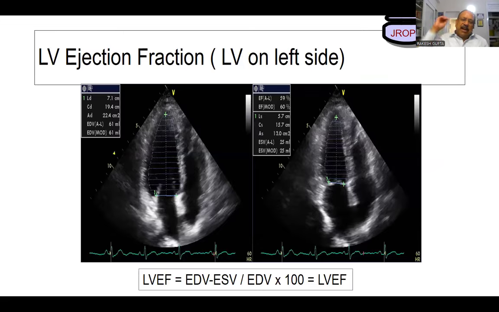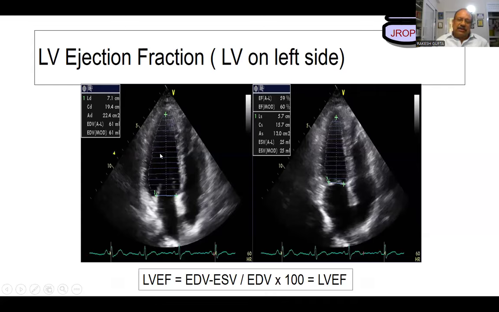Look, ejection fraction is how much of the blood is ejected by the heart in each beat. That is what is known as stroke volume. So we go to end diastole or beginning of systole. This is a four-chamber view, Mayo's classification, where RV is on this side and LV is on this side.